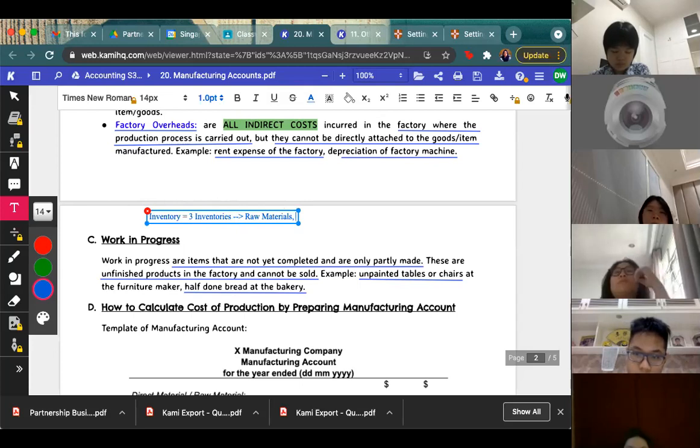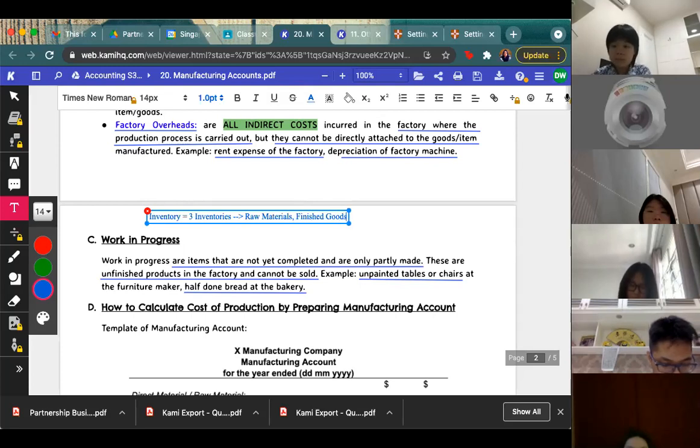This inventory must run into a process first, enter the production first, before at the end it will become the finished goods that is ready to be sold to the customer. So we have raw materials, we have finished goods. This finished goods means all the goods that is ready to be sold to the customer.